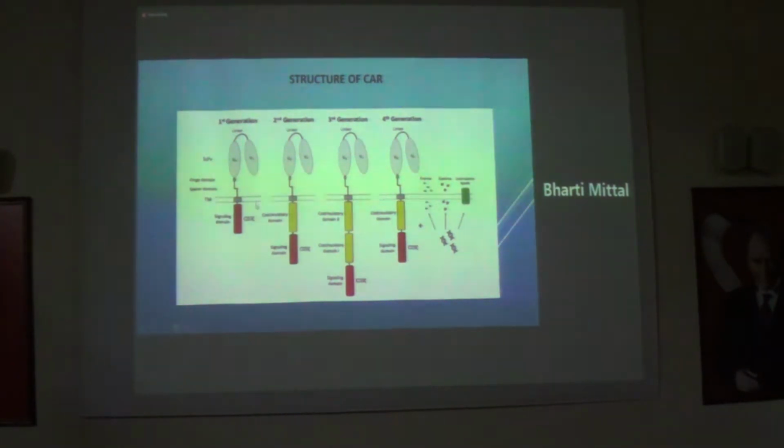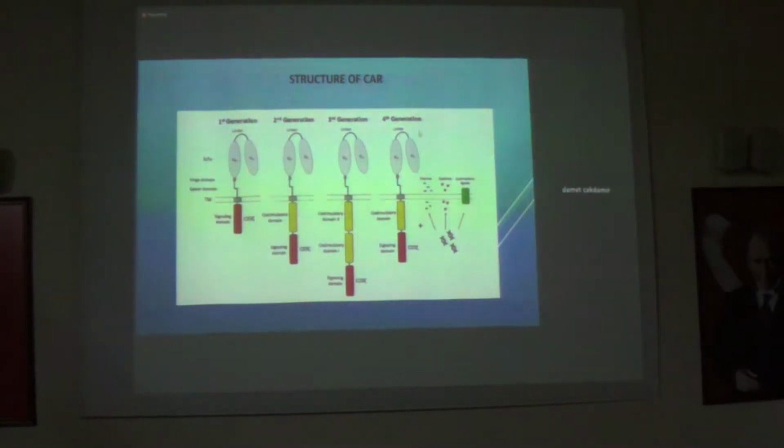Then the transmembrane domain and the signaling domain, which is derived from the CD3Z domain. As the CAR T cell evolution took place, in the second generation, along with the signaling domain, the co-stimulatory domains are also incorporated. In the third generation CAR T cell, 2 co-stimulatory domains are incorporated.